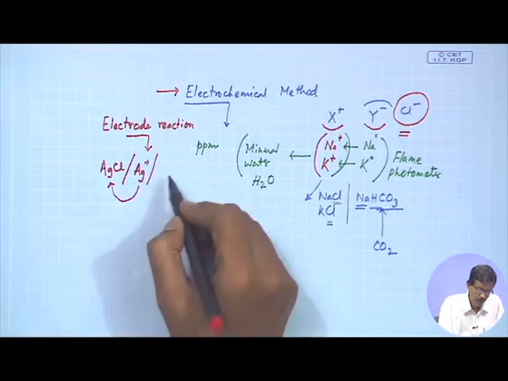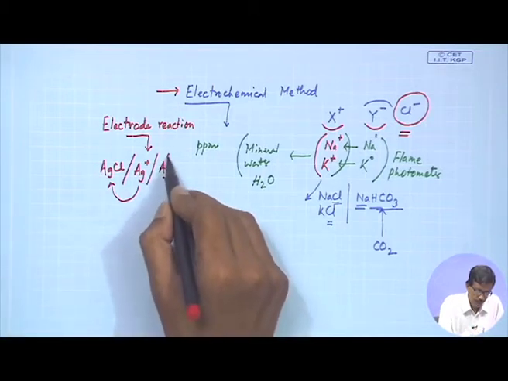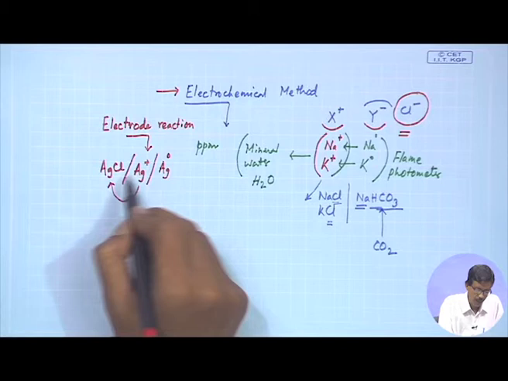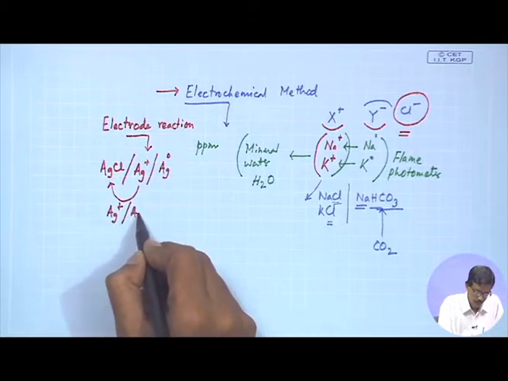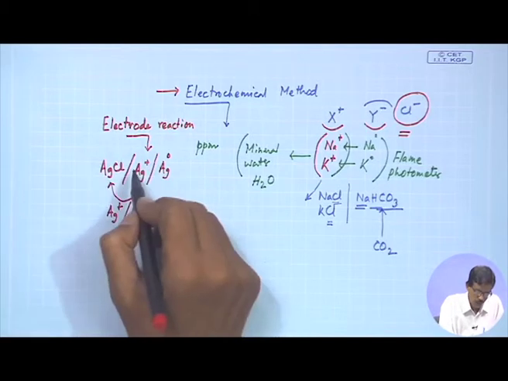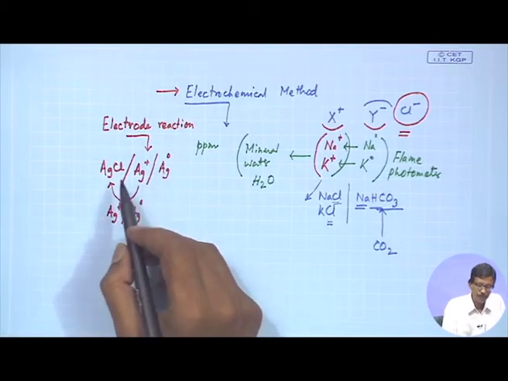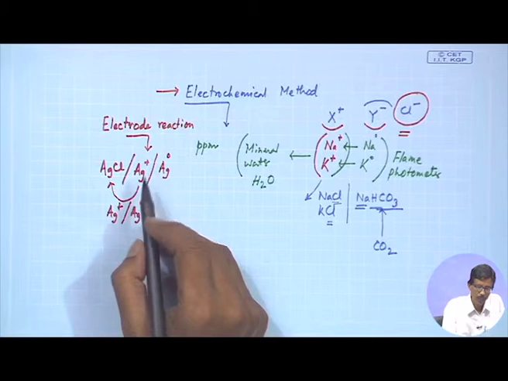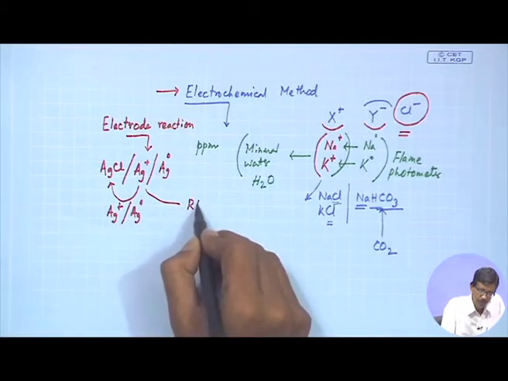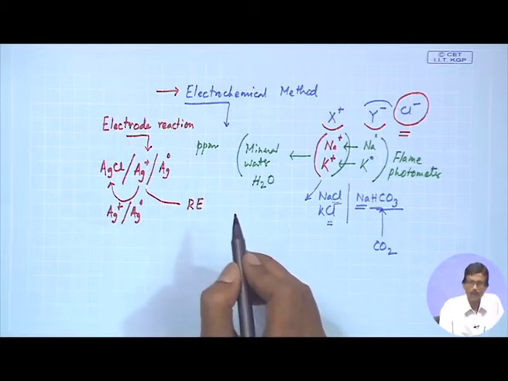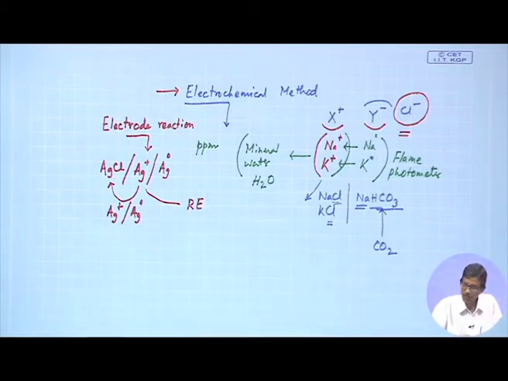Silver ions get reduced to Ag 0. We know the pure silver, silver 0 electrode, but the other one is the silver silver chloride electrode, which we all know is a very good RE, that means reference electrode, and we know the half cell potential and all these.